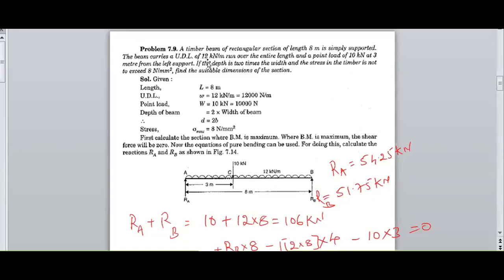Therefore, here the cross section is also a rectangular cross section, and the depth is twice the width. They are not giving the width as well as the depth.